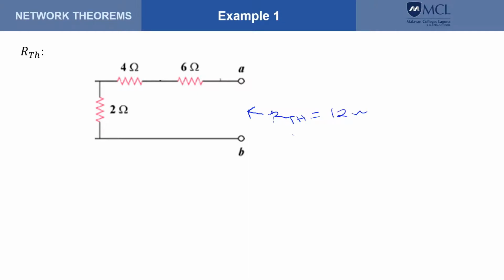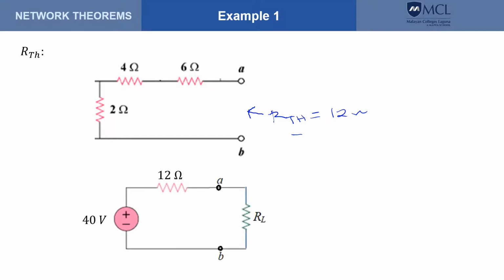Now that we have RTH and VTH, we go back to our Thevenin's equivalent where RL is connected, and from this, if we want RL to absorb maximum power, this value here should be equal to 12 ohms, the same value as this one.